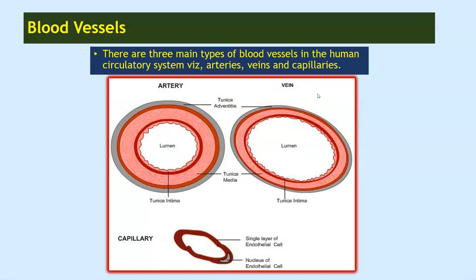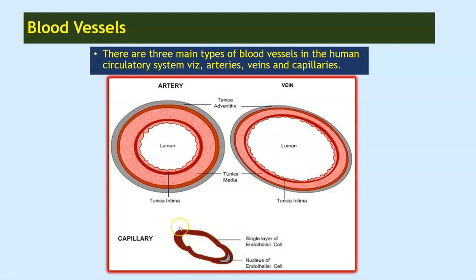Venules unite to form large veins. They show least blood pressures. They also have three layers, that is the tunica externa, tunica media and tunica interna. Veins carry deoxygenated blood towards the heart except the pulmonary veins. Veins show valves at regular intervals.